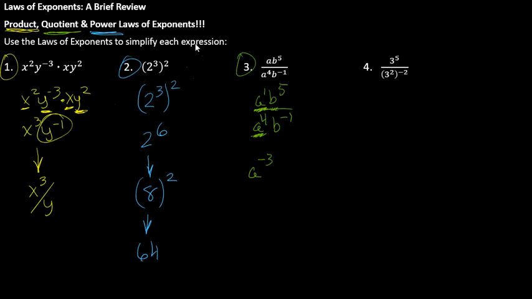And matching the b's again, 5 minus negative 1, that would be b to the 6th. And then we, of course, have to use reciprocals here for this negative 3 power. So this becomes b to the 6th all over a to the, whoops, not negative, what's the matter with me? A to the positive 3.